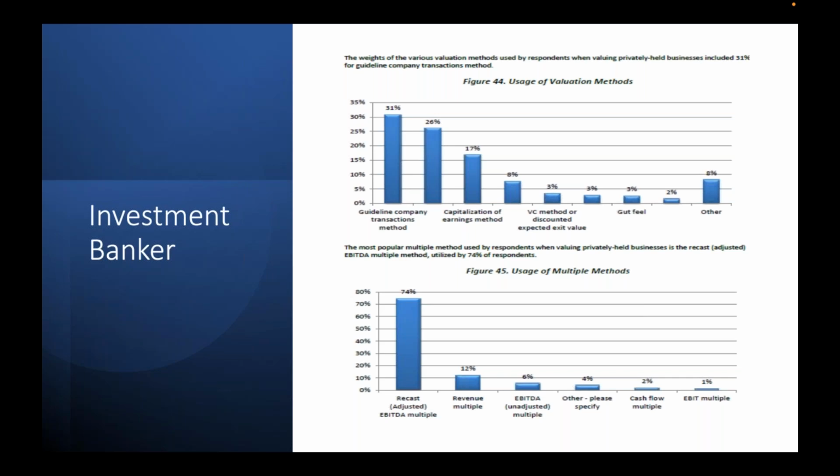So a multiple period discounting method, or DCF, discounted cash flow, is a common method. And then a capitalization of earnings method is actually just a subset of a discounted cash flow model, where you're only projecting 1 year of data and then capitalizing that estimated value.